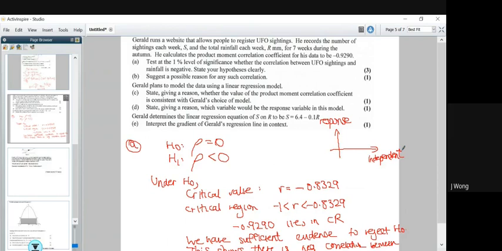Question D: state, giving a reason, which variable will be the response variable. The response variable is usually the variable that we put on the vertical axis, and the other one is the independent variable on the x-axis.